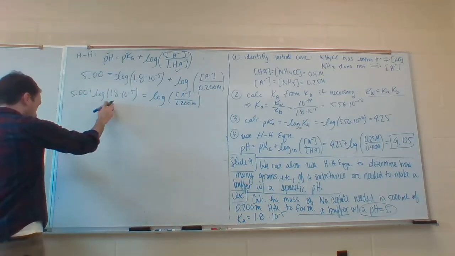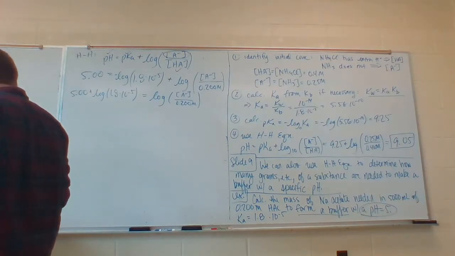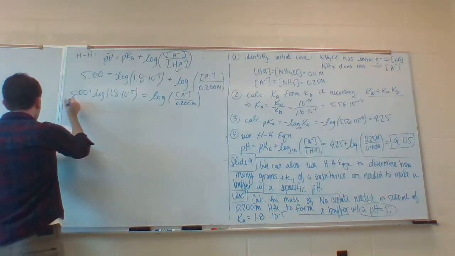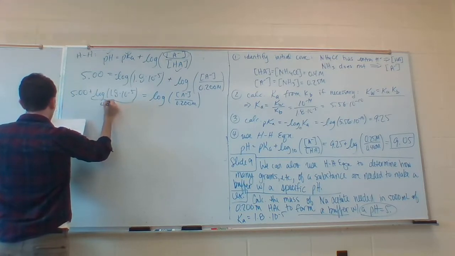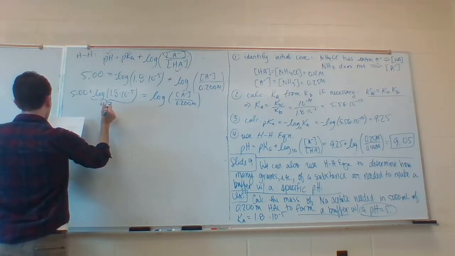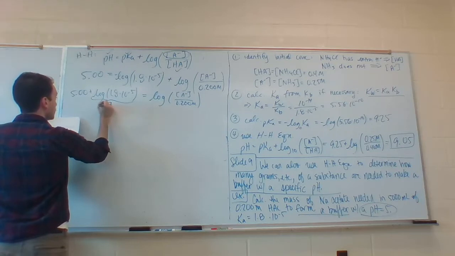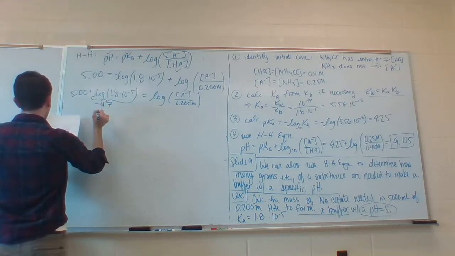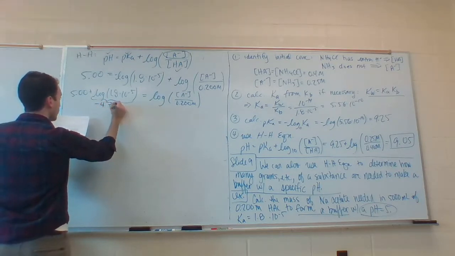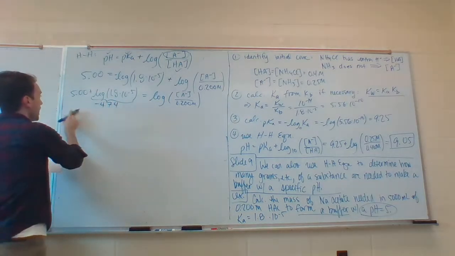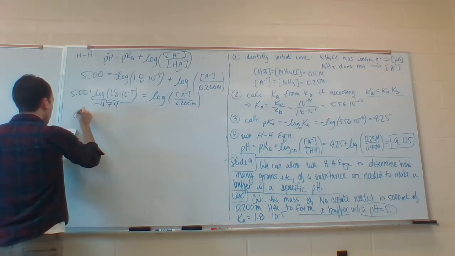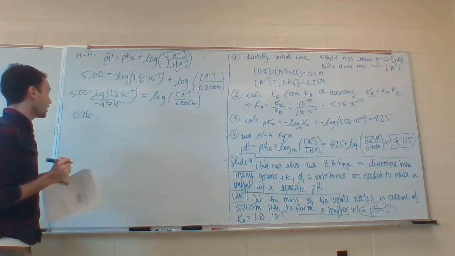Now, at this point, let's plug that into our calculators and see what we get. This is equal to a negative 4.74. So when we add those two together, we get 0.26.